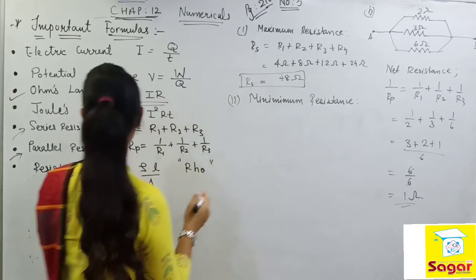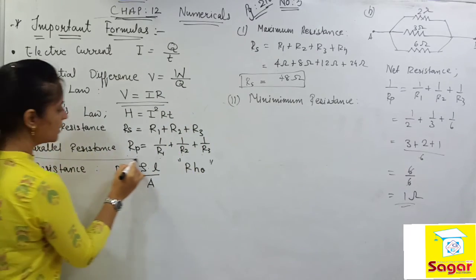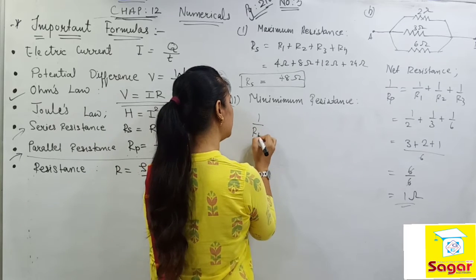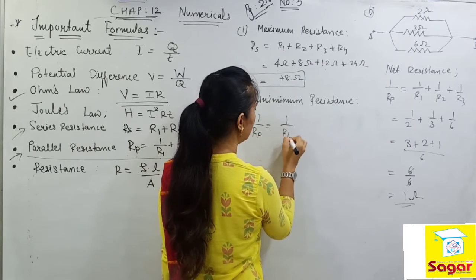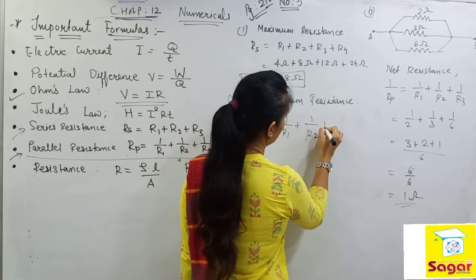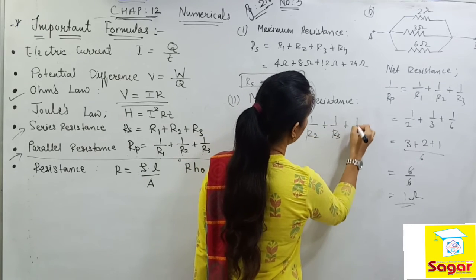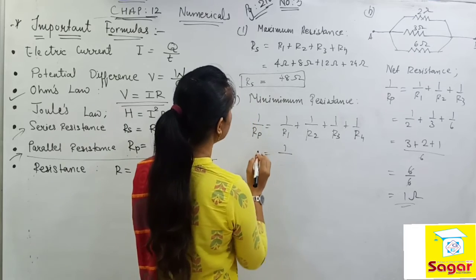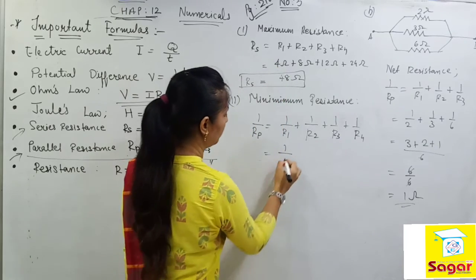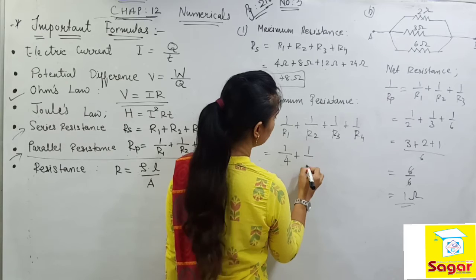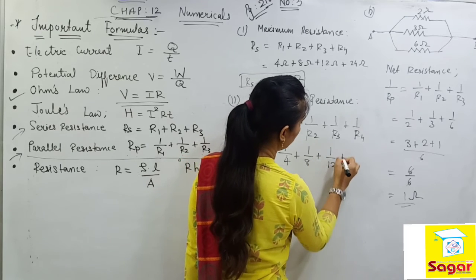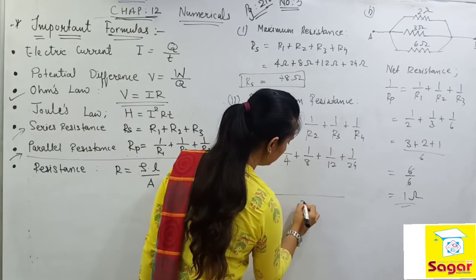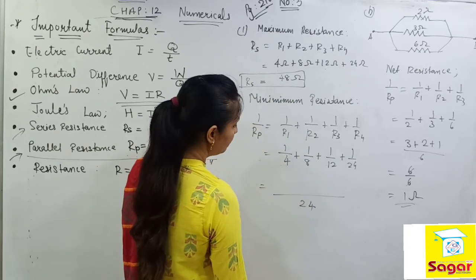So just move with this formula everybody. Parallel resistance, this formula we need to apply here. That is 1 upon Rp is equal to 1 upon R1 plus 1 upon R2 plus 1 upon R3 plus 1 upon R4. Just keep the values. R1 is 4 ohm. So 1 upon 4 plus 1 upon 8 plus 1 upon 12 plus 1 upon 24. Just take out the LCM, so it will be 24 only.